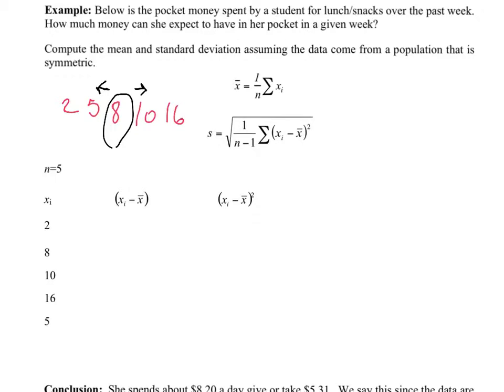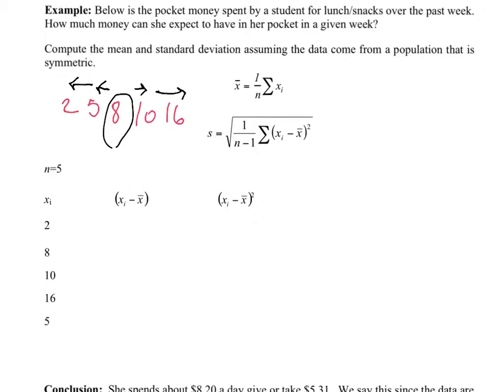and they're both, 5 is 3 values from 8, 10 is 2 values from 8, so they're about the same distance. Further away we have 2 and 16. So 2 is 6 values away from 8, and 16 is 8 values away from 8.